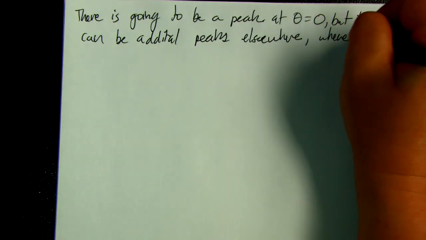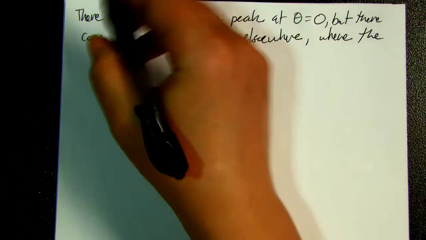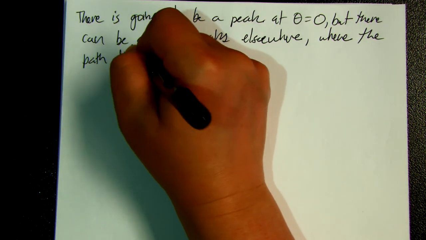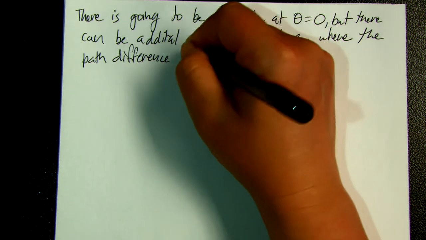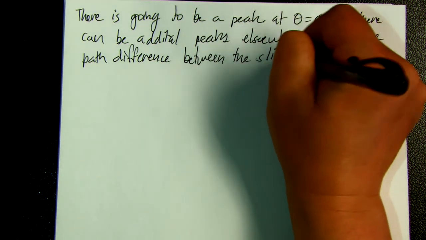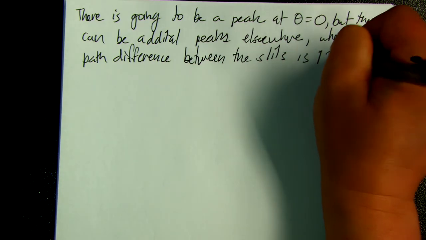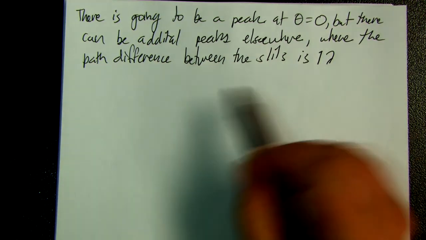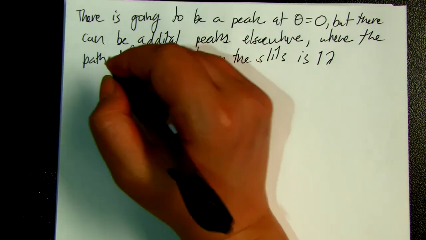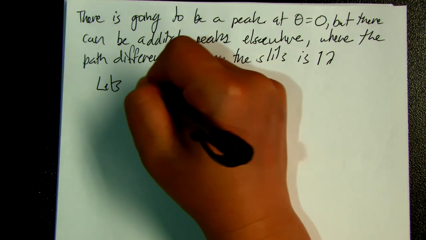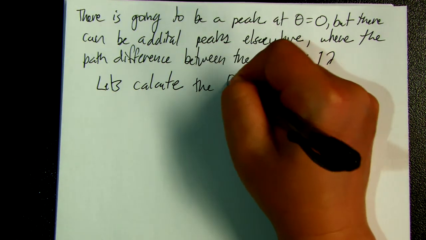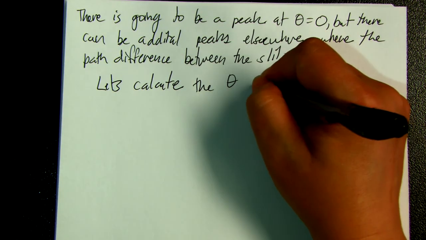And this is anywhere where the path difference between the slits is 1 lambda. So we're looking for path differences between the slits on the order of 1 lambda. Okay, so let's calculate the angle theta for our light.